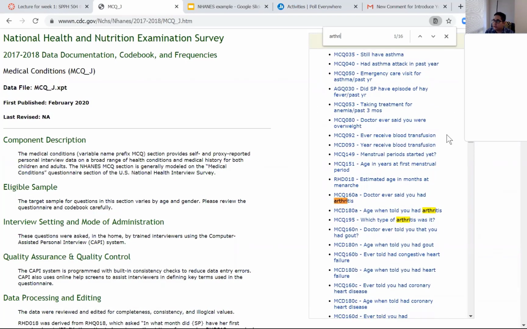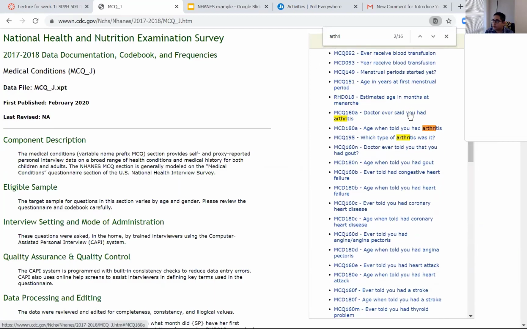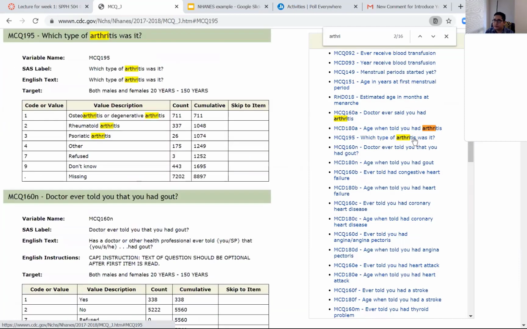So see, this is a table of contents, and in that table of contents you can search. Doctor ever said you had arthritis, which type of arthritis was it? So you go to that. So this is the variable that contains the information about how many people have arthritis or not, right?